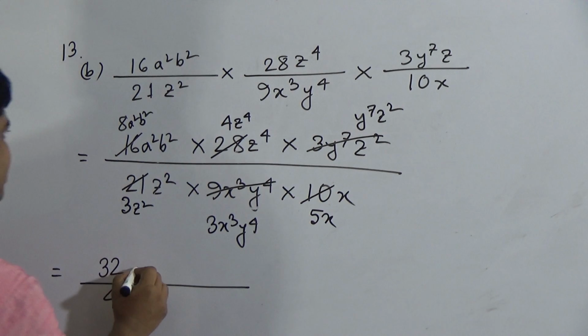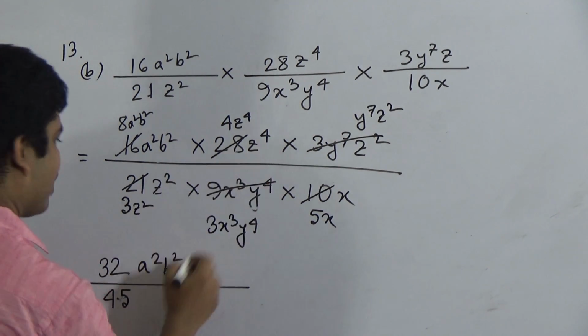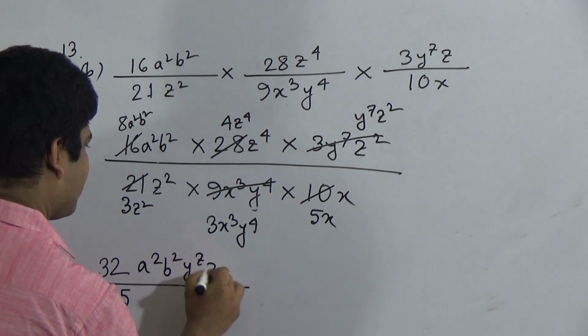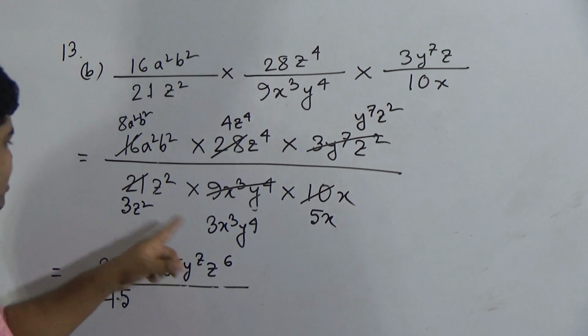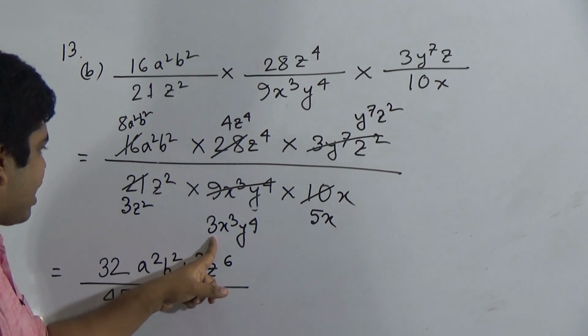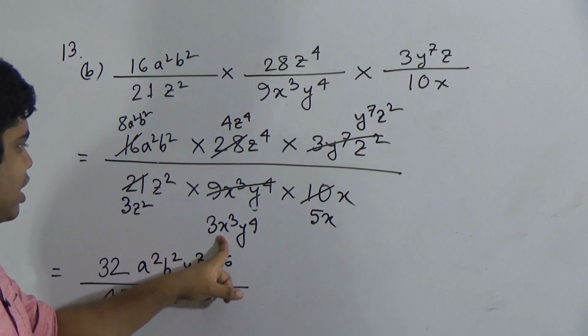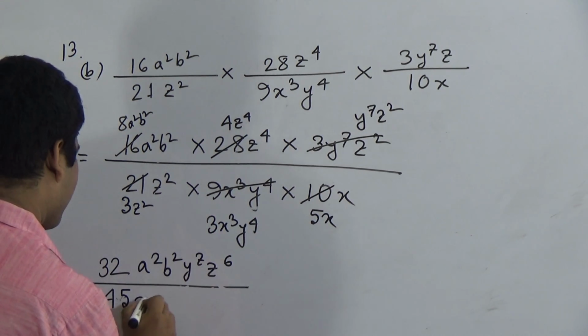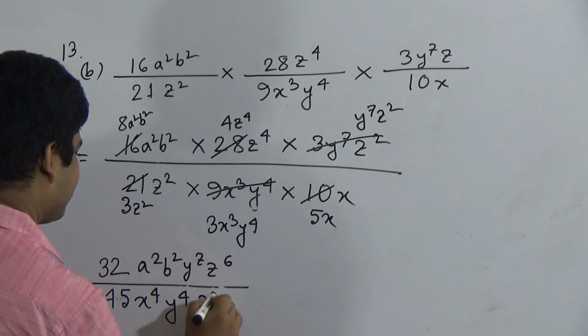So here I write a square b square y to the power 7 and z to the power 6. And here you notice 3 3s are 9, 9 5s are 45, written 45. Here x cube and x, that means x to the power 4. And here y to the power 4 and here z square.